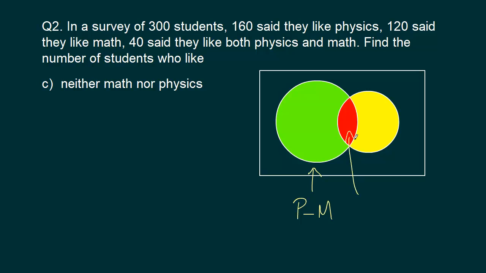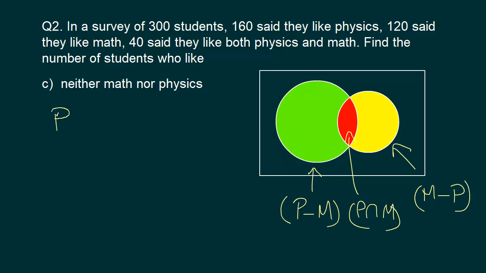This over here represents physics and math, and this represents math minus physics, right? When we take all of them together, it represents really physics union math.